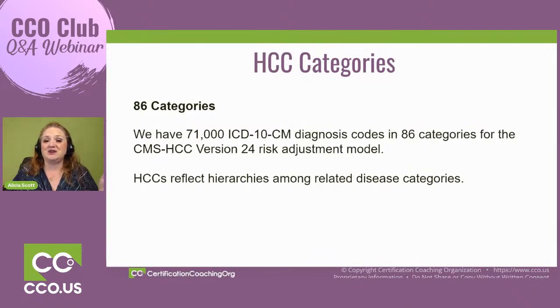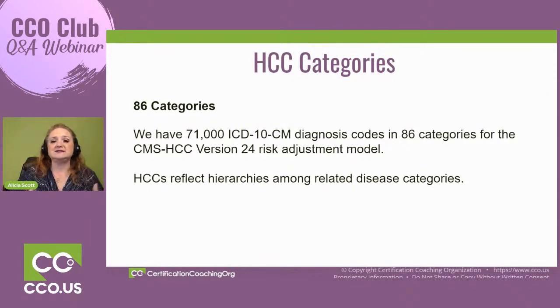So if you're in risk adjustment, I remember when it was a 21 and then it went to a 22, and now we're all the way into 24. So every year or so you get new versions. Don't worry about it. But the model that we're talking about will have 86.